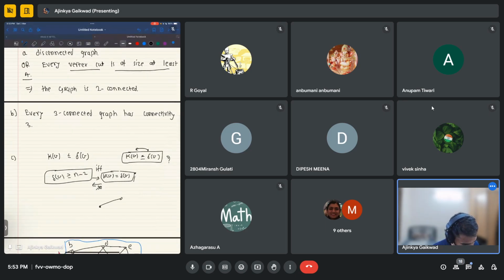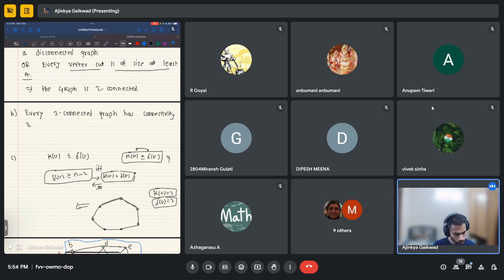So if I draw this, here in this case, can you see that k of g and delta of g are equal? So k of g is also 2 and delta of g is also 2, right? You need to remove two vertices to make the graph disconnected, and removing one is not enough. So k of g is 2. The minimum degree is also 2 because clearly every vertex has degree 2.